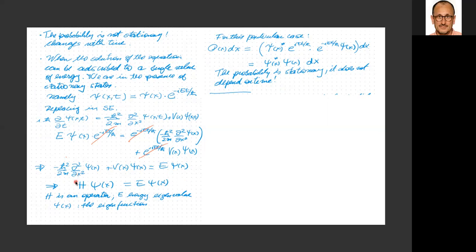So this is the interesting part, and this is what we want to solve. Today I'm going to show you how to solve one problem, the simplest problem that we can solve. And by learning that, you will know an important fraction of the problems that can be solved exactly in quantum mechanics.